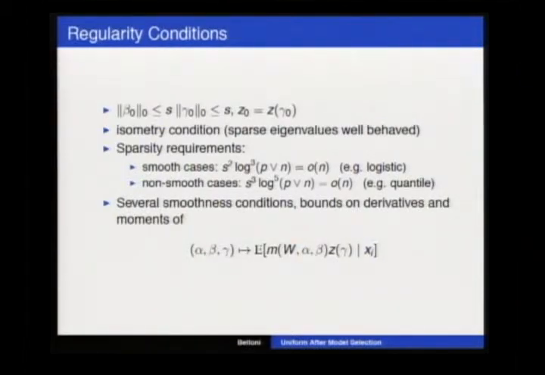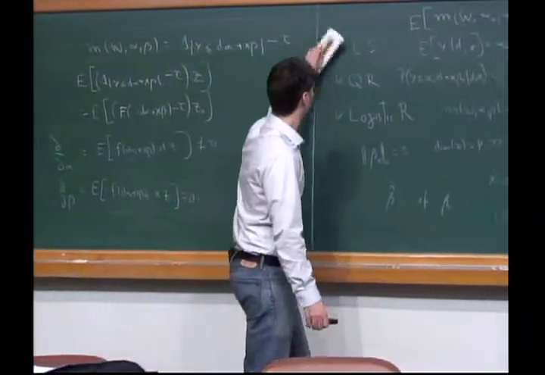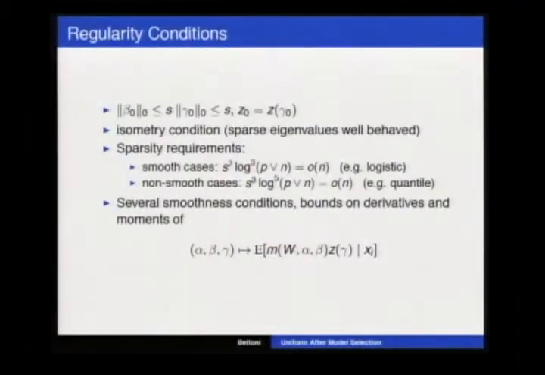And then there will be conditions, and this is an analysis that works very, very generally. So the conditions for different methods, for different problems, will be different depending on the specifics.